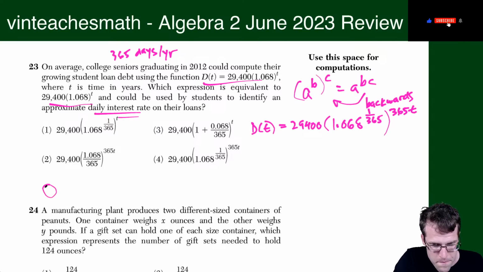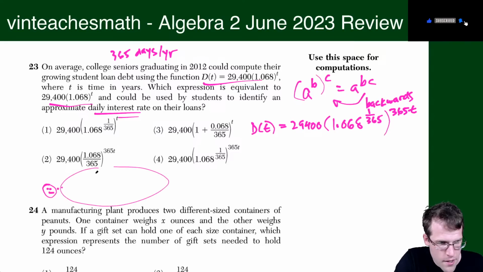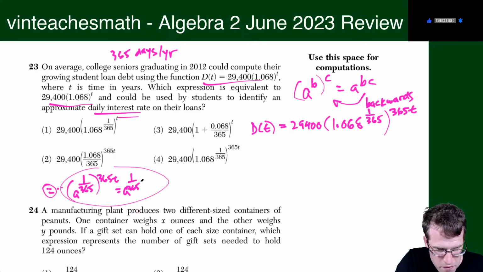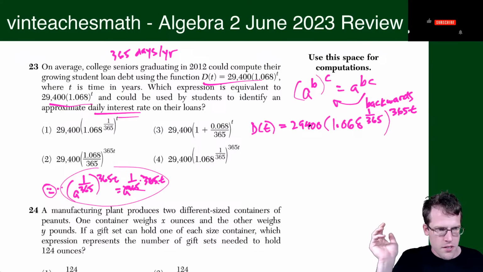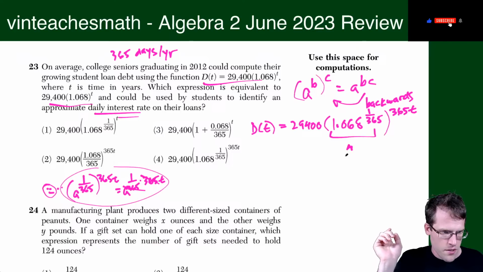The reason being is that if I have, I'll just write it with an a, a to the 1 over 365 to the 365t, I just multiply, and this is a to the 1 over 365 times 365 to the t, and 365 over 365 cancels, and it brings me right back to exponent t. Okay, but then what you're doing here is this goes in the calculator.